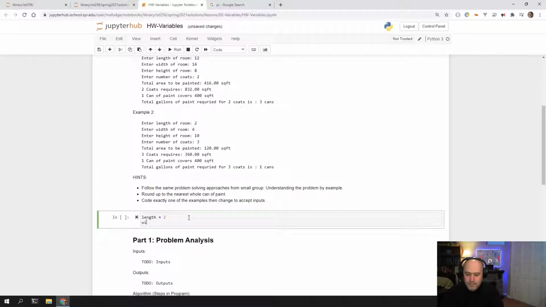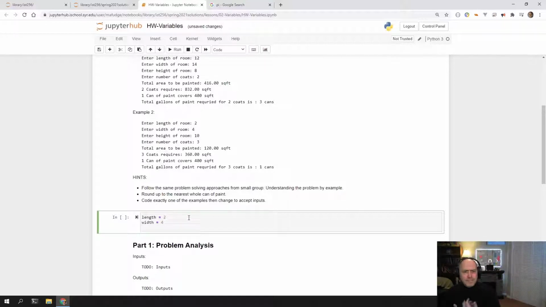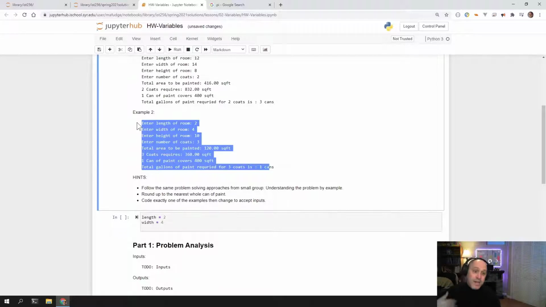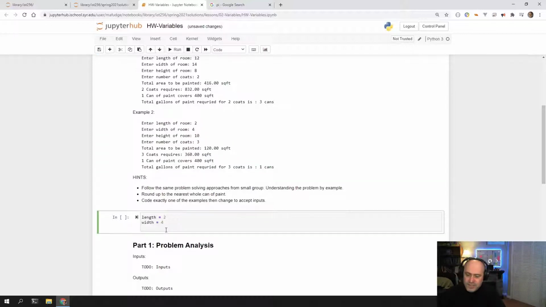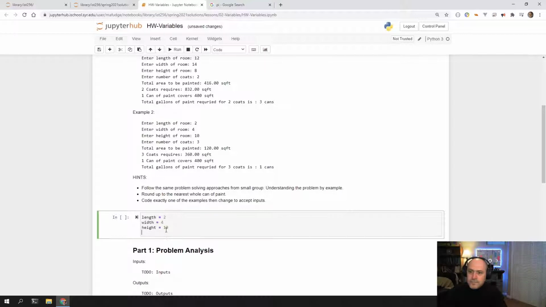Okay, width 4. Now this is a horrible program because it's only going to solve this example, but that's fine. Once I know how to solve this example, I can then figure out how to solve a bigger example. Okay. Then the height of the room, it has 10-foot ceilings. 10. And the number of coats is going to be 3.